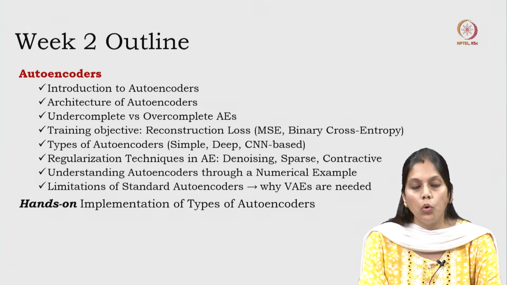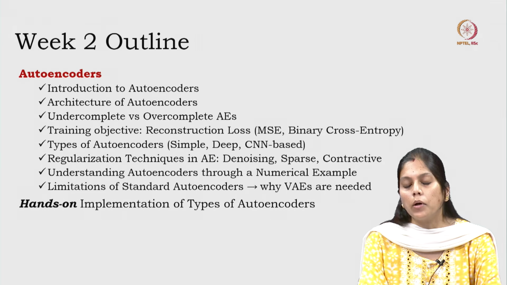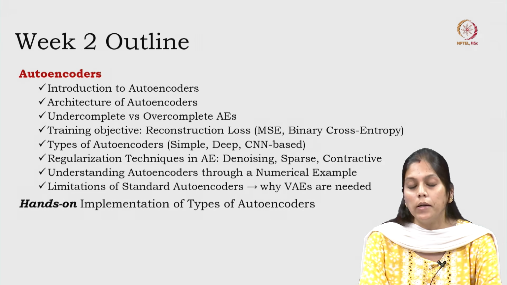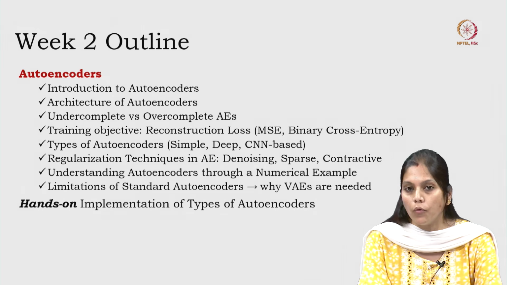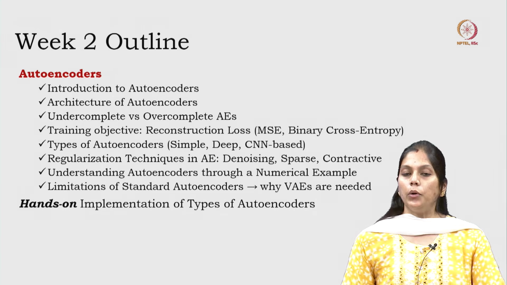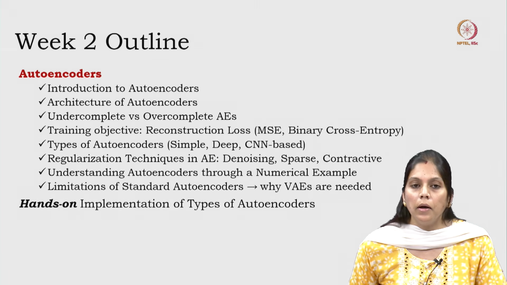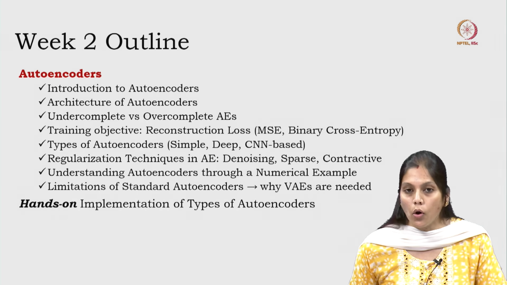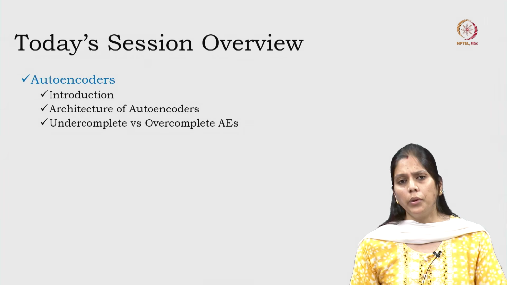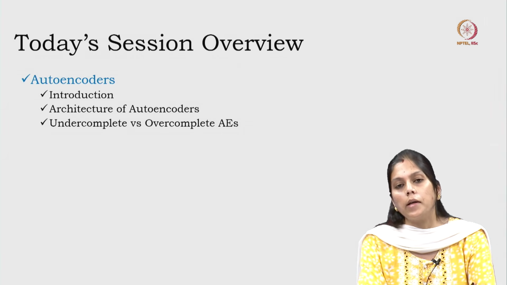And before we move into the hands-on, we will see what are the limitations of autoencoders. With this limitation, we will be understanding why there is a need for variational autoencoder. Towards the end of this week, we will see a hands-on implementation on different types of autoencoders. With this, let us start with today's session.